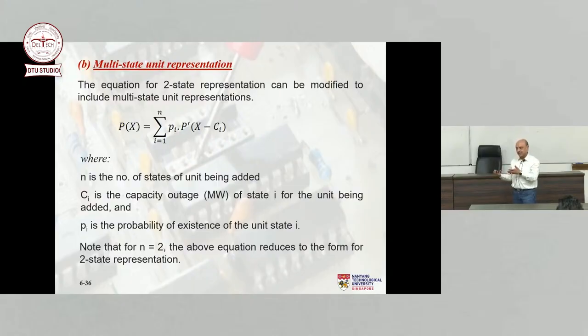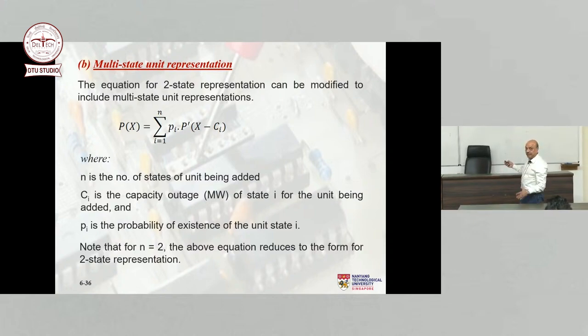Availability and unavailability, correct? So what will this equation boil down to? 0.99 multiplied by P prime of X minus 0 plus 0.01 P prime of X minus 20, correct? Is it not the same as what we have learnt yesterday? So this equation actually reduces to what we have seen yesterday for a two-state unit.